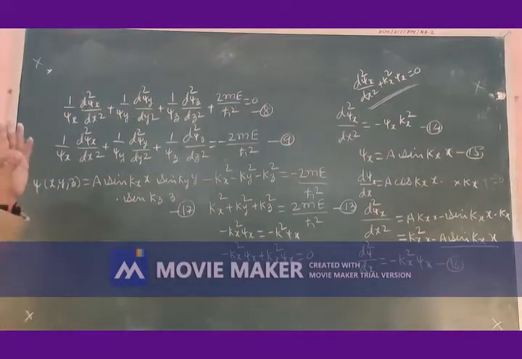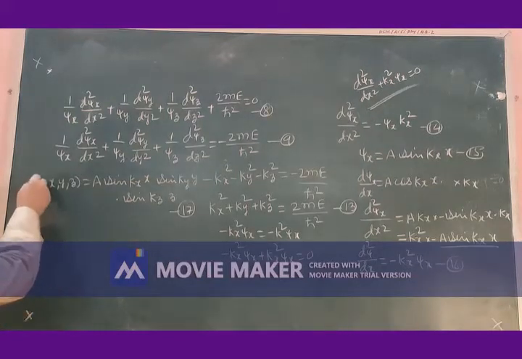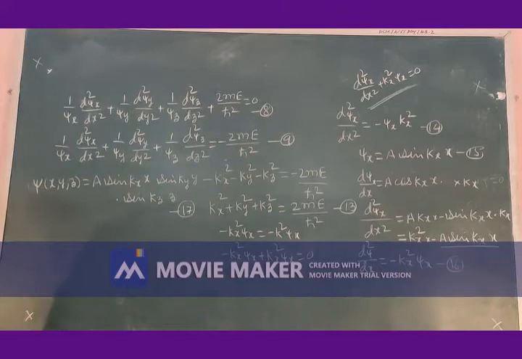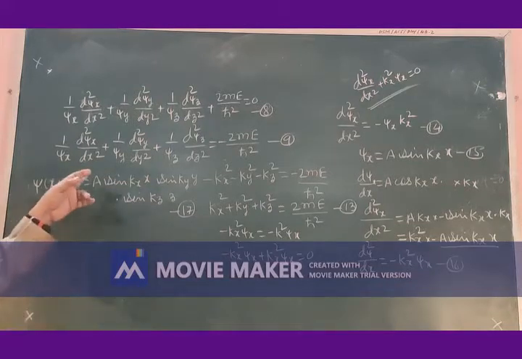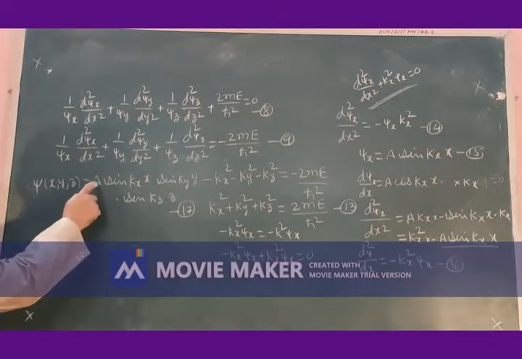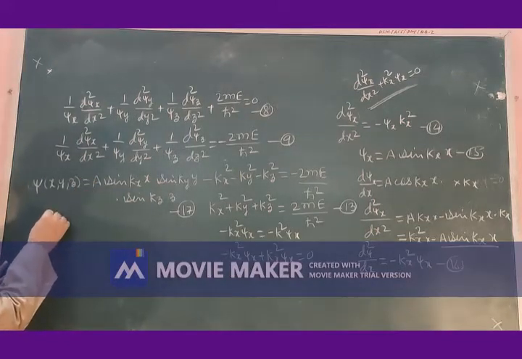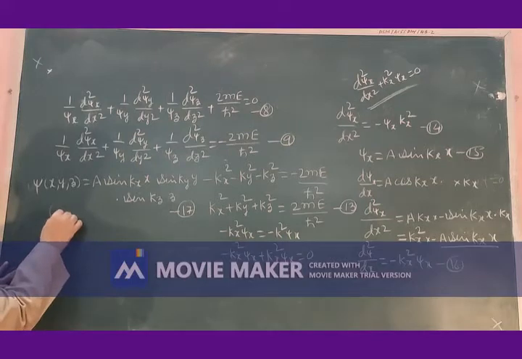So the solution of this equation is 17, that is psi of xyz is equal to a sin kx into x into sin ky into y into sin kz into z, where a is the normalization constant. The value of this normalization constant can be found from this equation.